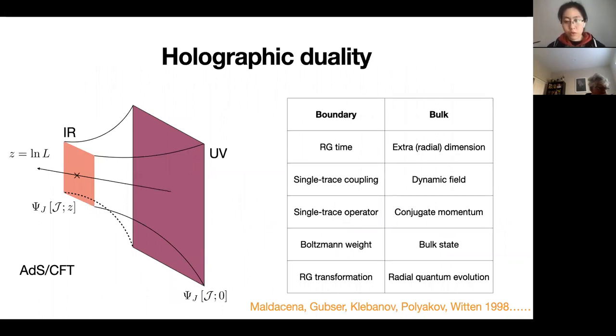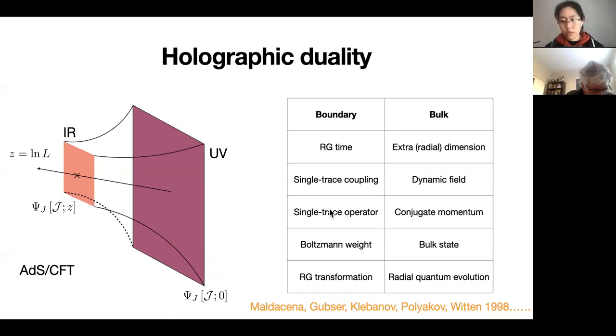This quantum evolution picture has a holographic description. If we start from the UV theory, as we do the RG, we actually generate an extra dimension, which corresponds to the RG time. The single trace coupling gets fluctuating during the RG, which is exactly the dynamical field in this one-dimension-higher bulk.